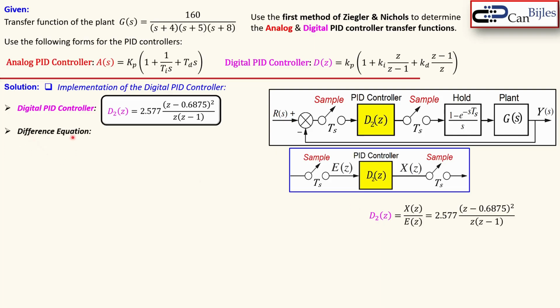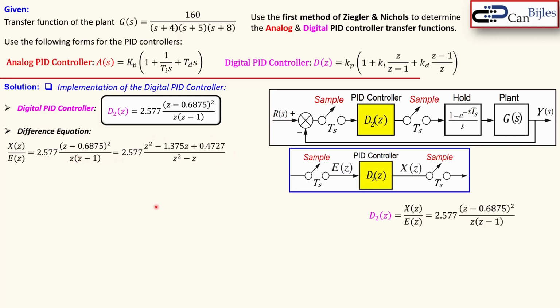First, we look at the difference equation. Again, this X over E is then this one, so we can now do the expansion of the parentheses. We work out the parentheses first: z squared minus 2 times this one, z, and then this one squared, which gives z squared minus z.